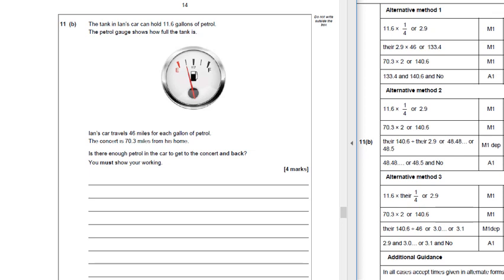Okay. The tank in Ian's car can hold 11.6 gallons of petrol. The petrol gauge shows how full the tank is, so I'd write a quarter straight away as I'm thinking about this. Ian's car can travel 46 miles for each gallon of petrol. The concert is 70 miles away from home. Okay, gallon. I'm thinking you're not sure what a gallon is.